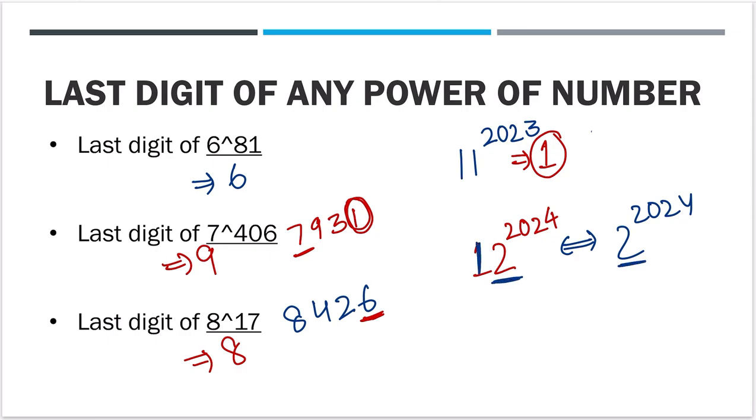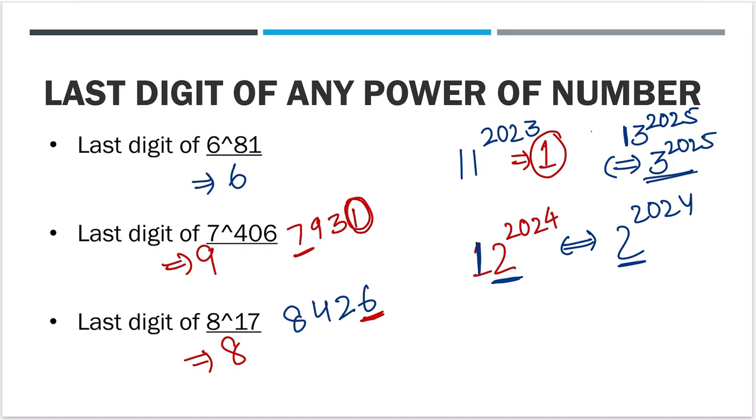I hope this is clear. If they ask you 12 raised to power 2024, you are going to check for the last digit of 2 raised to power 2024. Same pattern, 13 raised to power 2025: rather than doing it for 13, you simply do it for 3 raised to power 2025. I hope this is clear.